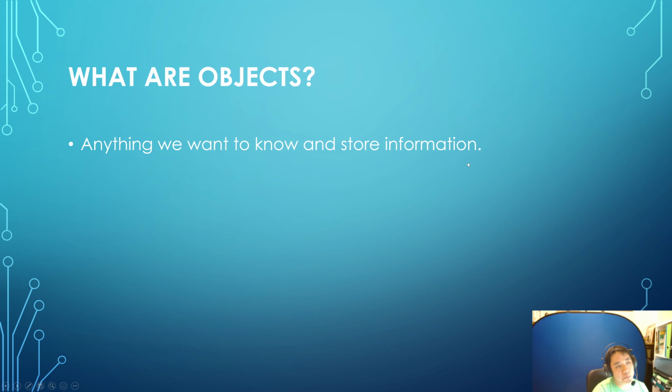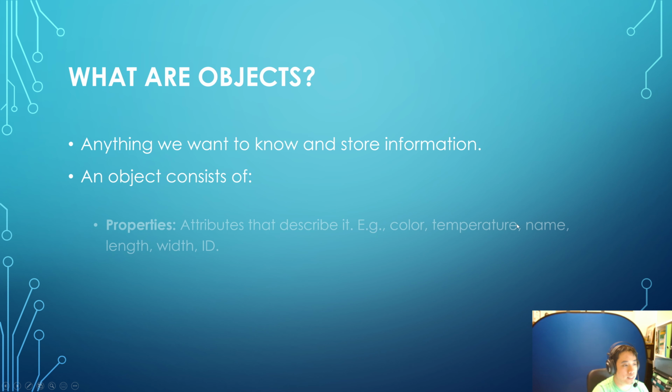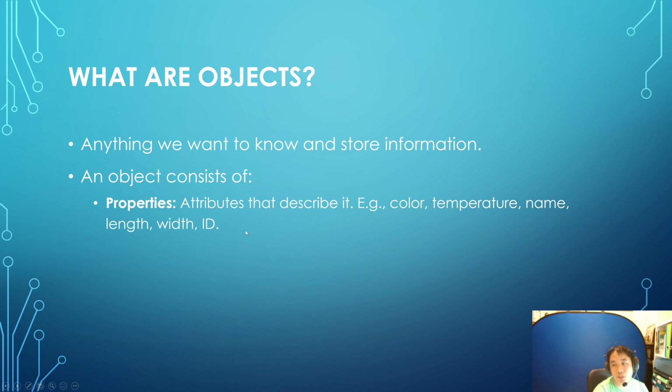So an object can be anything that we want to know and store information of. And objects can consist of properties, which are attributes that describe it. So how are you going to describe your object? Do you use its color, its temperature, its name, its length, width, its ID? You can use anything.